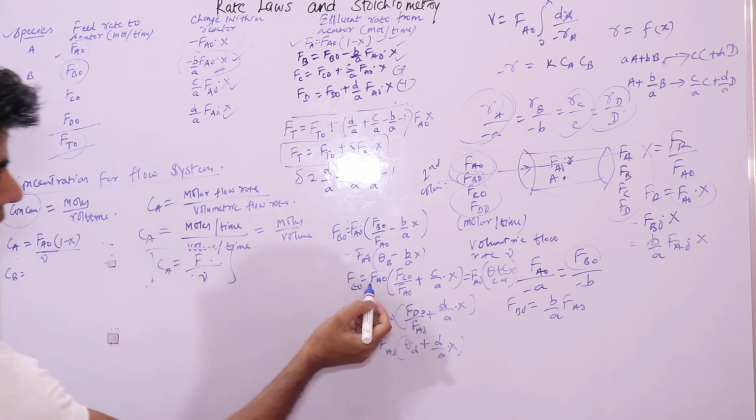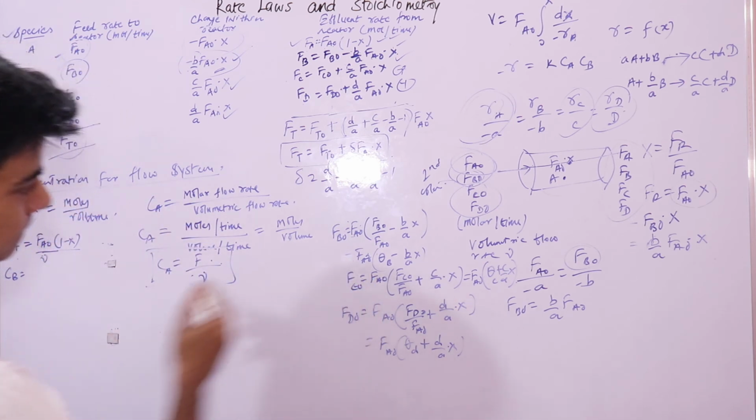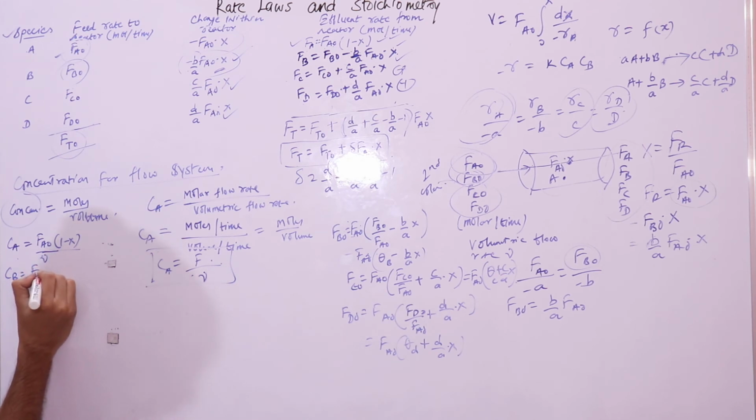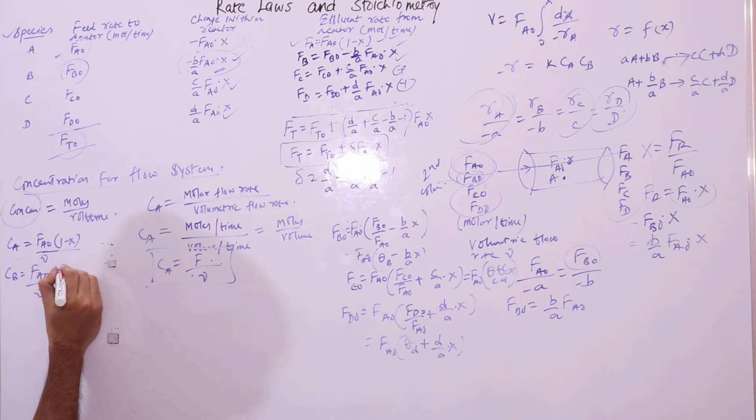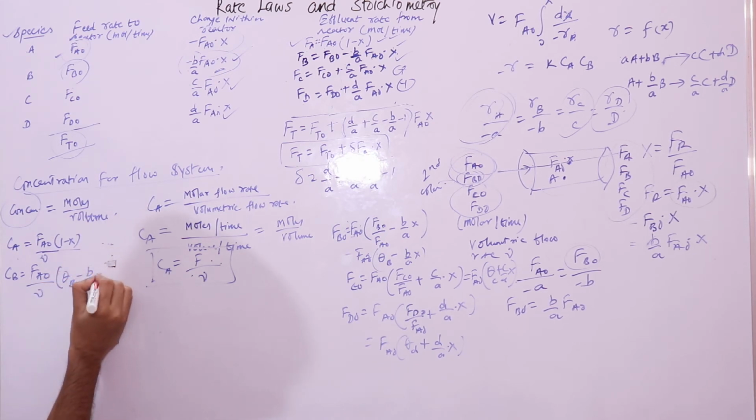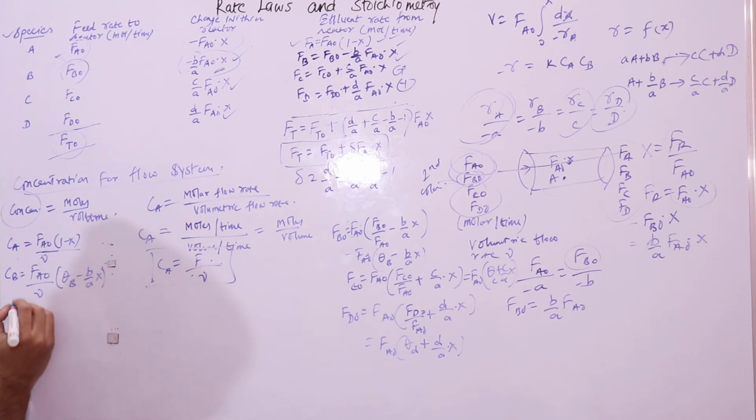So for B it would be FA0 divided by nu, theta B minus B upon A X, right?